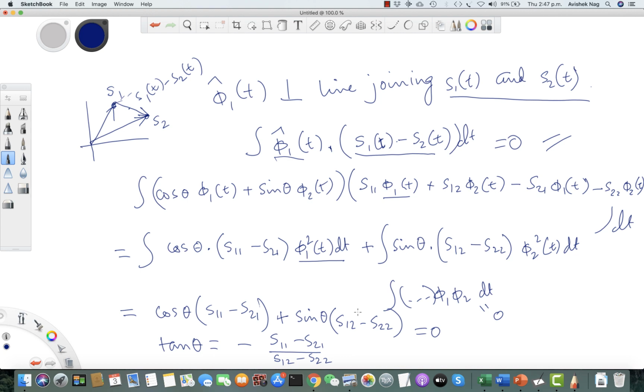Therefore from this you can get theta as tan inverse of this term.